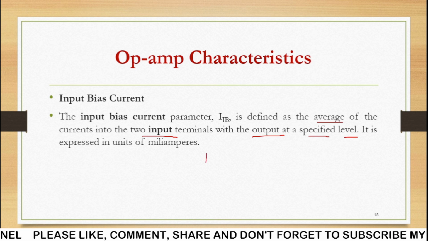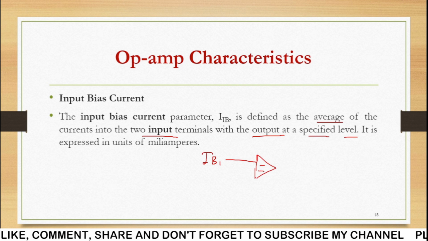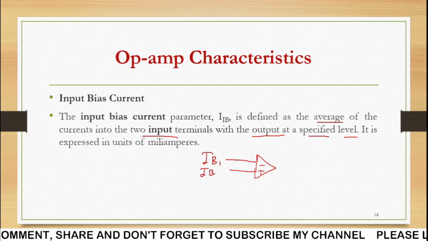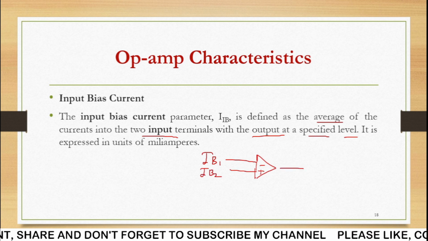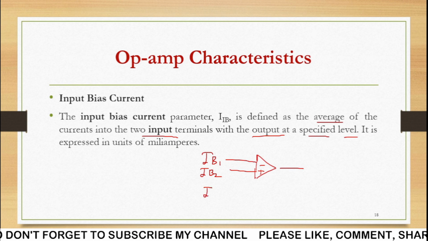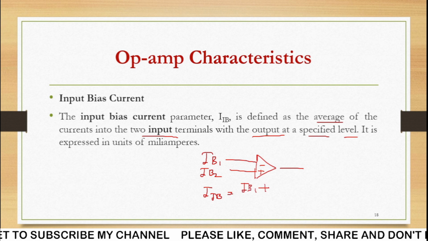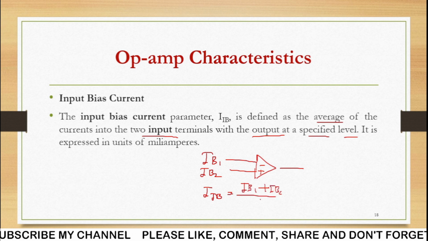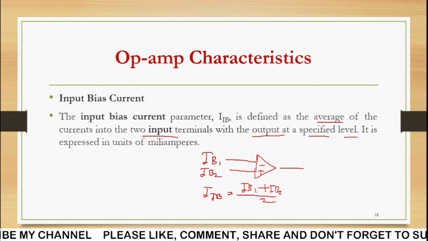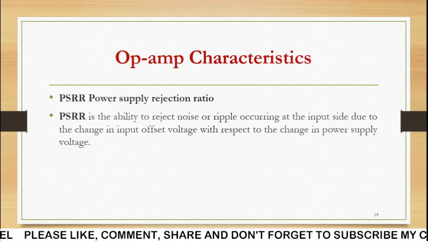Here IB1 is the current flowing through the inverting terminal and IB2 flows through the non-inverting terminal, and we get V out. If we take the average, that is IIB, the input bias current, equal to IB1 plus IB2 divided by 2.